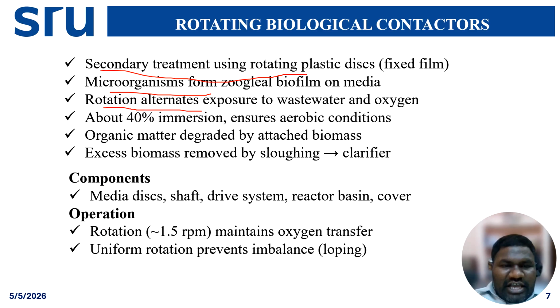Rotation alternates exposure to wastewater and oxygen. About 40% immersion ensures aerobic conditions. Organic matter is degraded by attached biomass. Excess biomass is removed by sloughing and followed by a clarifier.